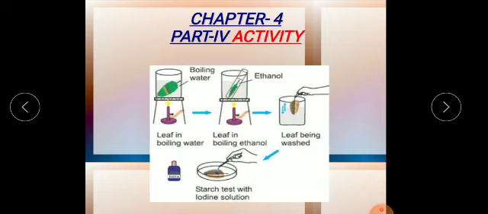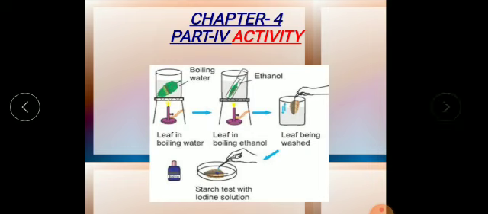Next, we are washing to soften the leaf. Then we add a few drops of iodine solution, so that the leaf will become blue black, and if the blue black color comes, then the leaf is giving a positive starch test.